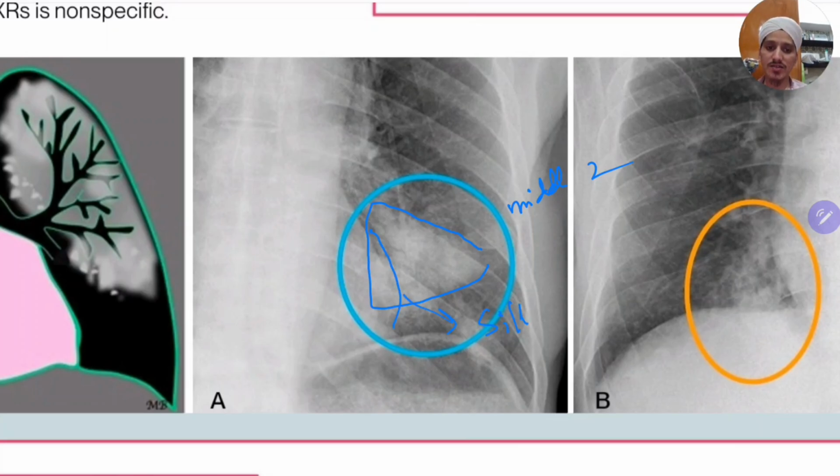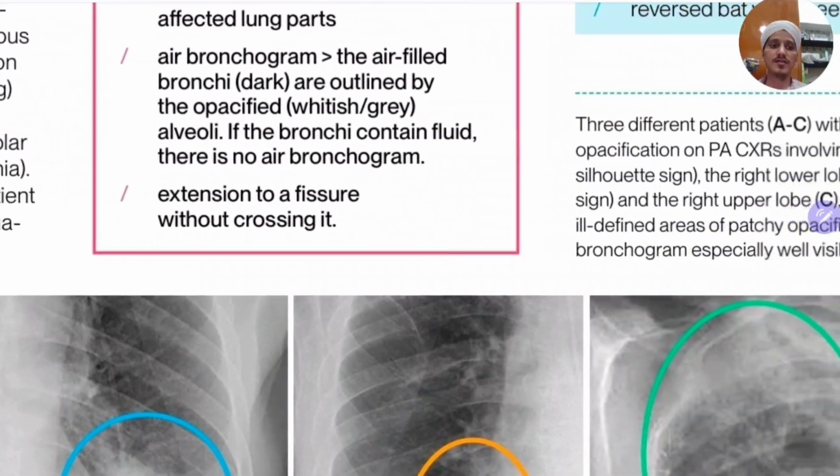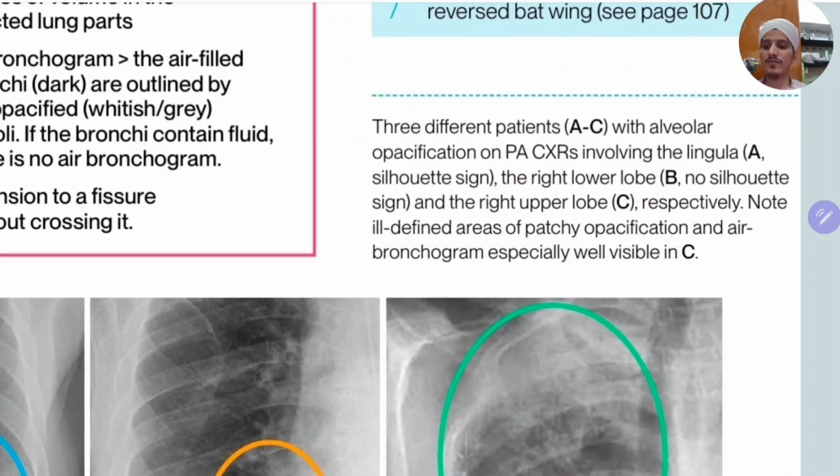Remember, the left border of the heart touches the lingular part of the upper lobe of the left lung. So that means it is lingular pneumonia, consolidation of the lingular lobe of the left lung. Let us see whether it is right or wrong. See, A is nothing but lingula.